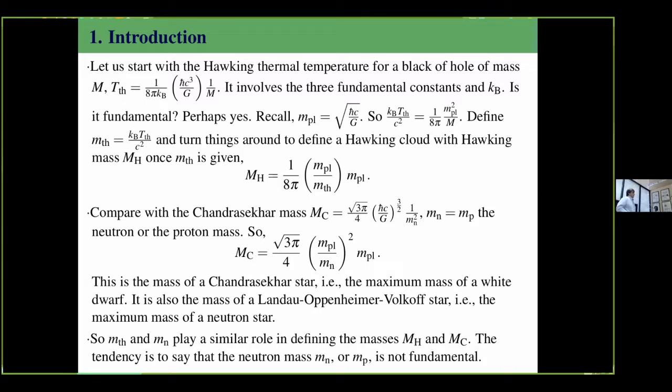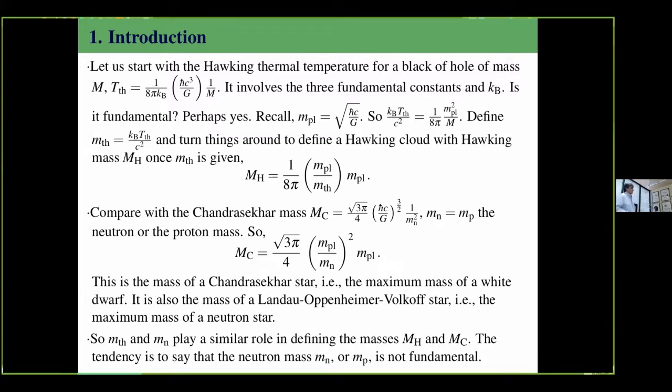We can compare with the Chandrasekhar mass, which is essentially some numbers times ħc over G to the 3/2, times 1 over the mass of the neutron, or the mass of the proton, because they are practically equal. So the Chandrasekhar mass can be put as m Planck squared over m neutron squared times m Planck, because it's m Planck cubed. This is the mass of the Chandrasekhar star that we know is the maximum mass of a white dwarf.